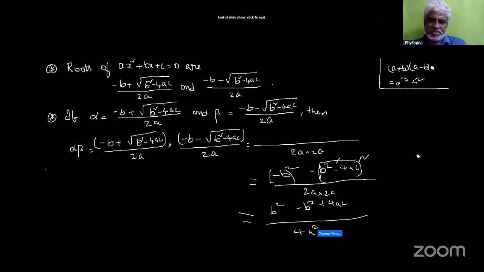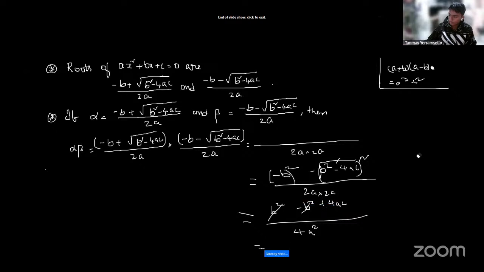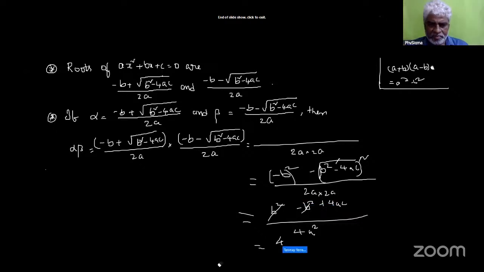4a square. Very good. When plus or minus is there, we can't cancel like that. In the numerator, b square cancels. After cancellation, 4ac by 4a square. Simplify: 4 cancels.